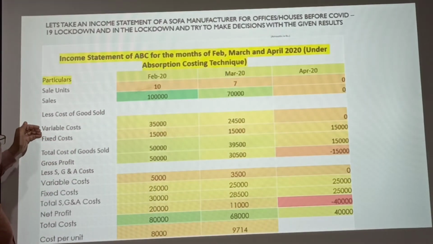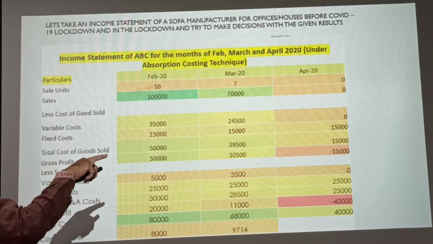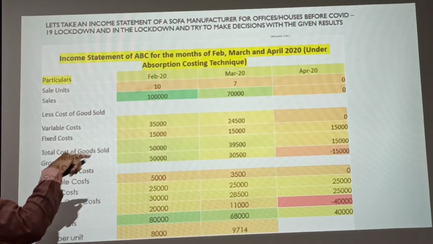From this, he has deducted the variable cost and the fixed cost, the direct costs of production, which are related both to variable costs and also fixed costs.